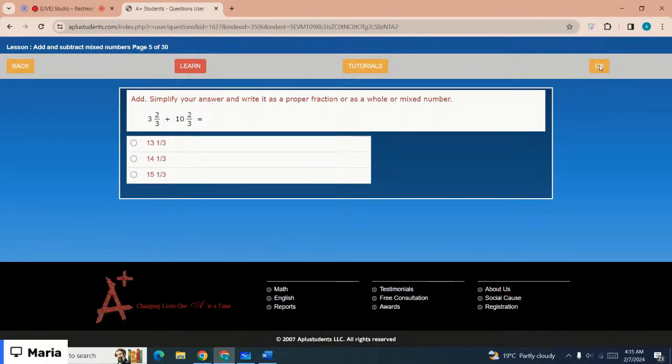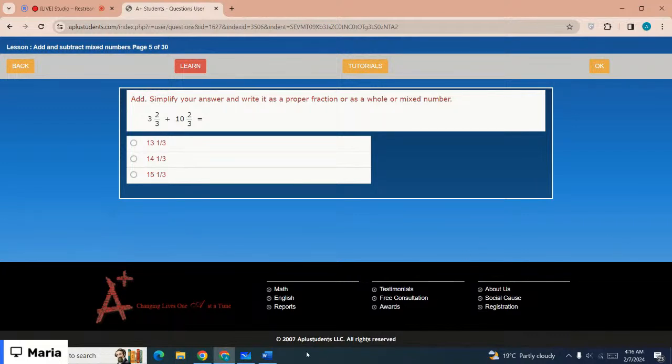Ten plus 3 is 13, and 2 plus 2 is 4. That is 14 whole 1 over 3. The correct option is 14 whole 1 over 3.